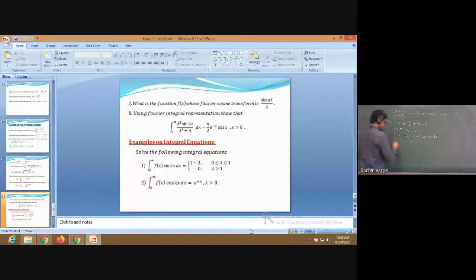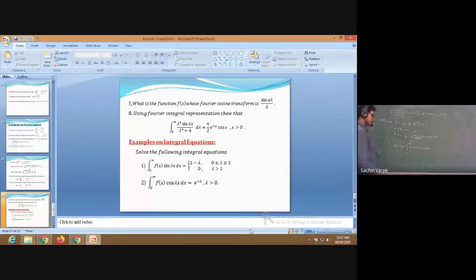So first of all, we'll find this f s of lambda, where f s of lambda is equal to integral from 0 to infinity f of u sine lambda u du.